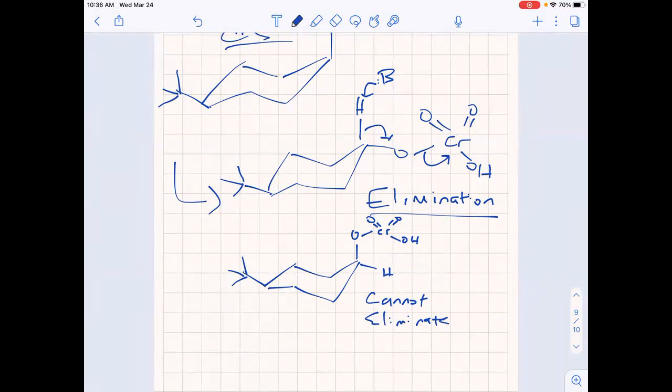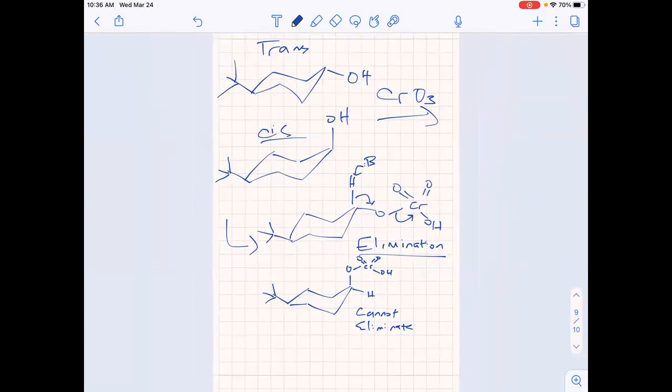And that's because you need that proton to be axial so it can be properly deprotonated, and then you can donate into the right orbitals and all that. So for the trans, I'm sorry, for the cis, it doesn't eliminate, but for the trans it does.